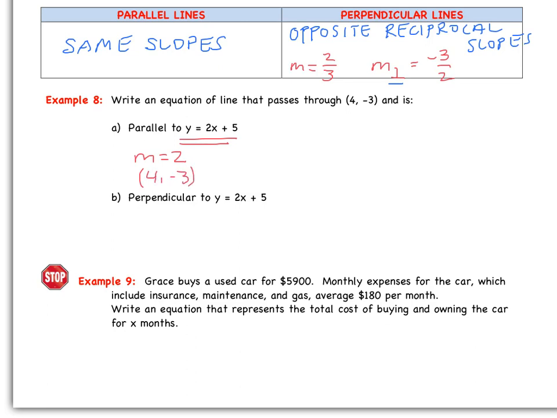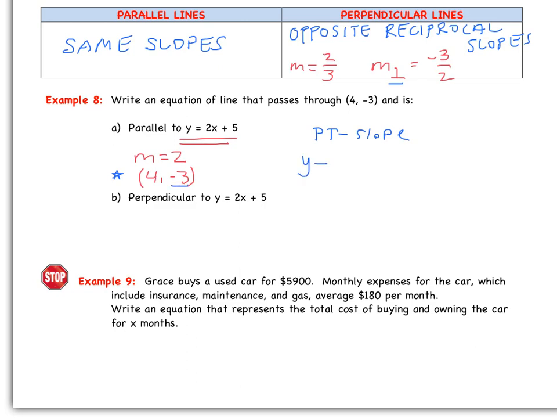When I'm ready to write the equation of this line, we have to ask ourselves, what's the best form to write the equation in? We should notice this point is not the y-intercept, so point-slope is the best choice. Remember, it's y minus y1.